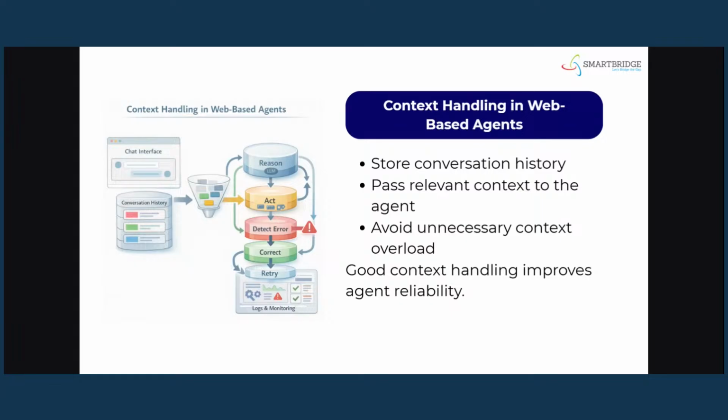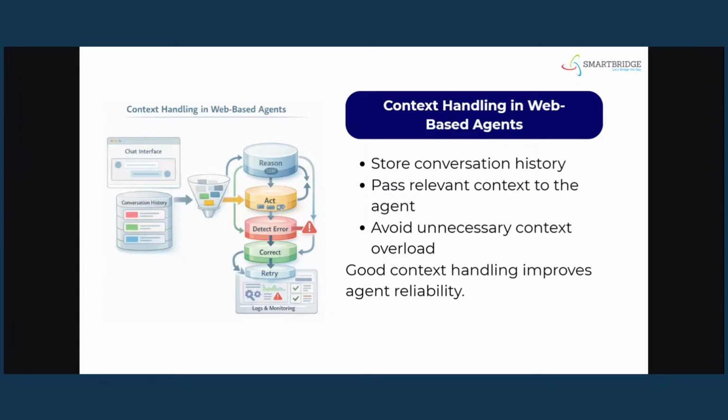Let's understand what context handling is in web-based agents. Handling context in web-based agents is one of the most delicate parts of the system. Context usually includes conversation history, user preferences, and relevant past actions.